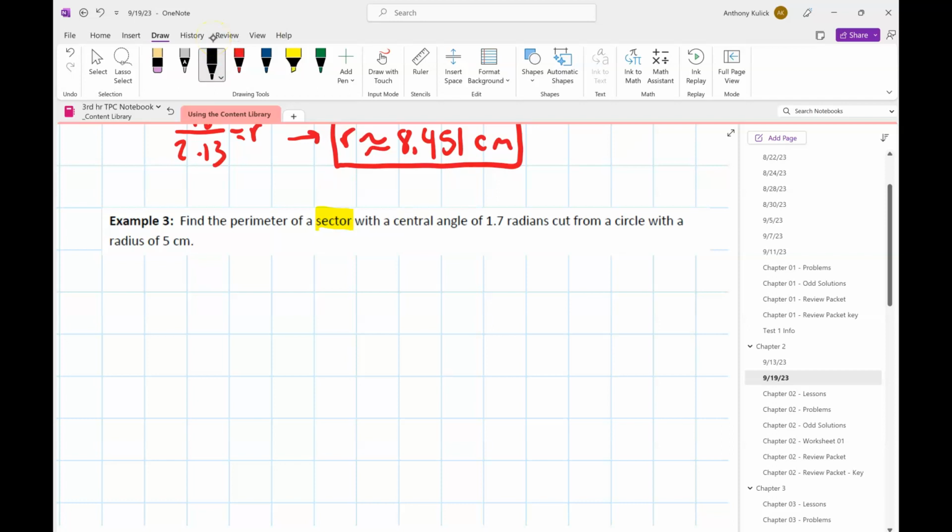A piece of what? So it's a piece of a circle. What kind of piece? It's like a slice of pizza. Like a round pizza, though, not a Jets pizza.